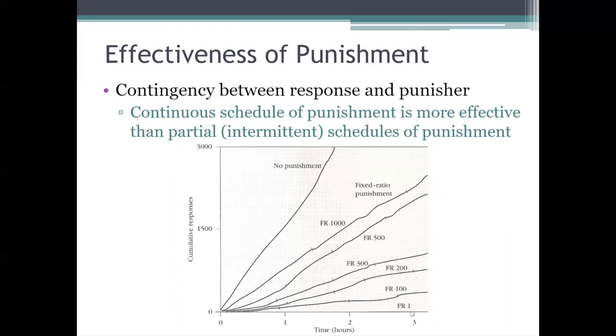And when every response was punished, when a continuous FR 1 schedule of punishment was used, then suppression was basically complete. There was nearly 100% suppression of the response in that case. So you can't even see that line in the cumulative record because it's right here on top of the horizontal axis.